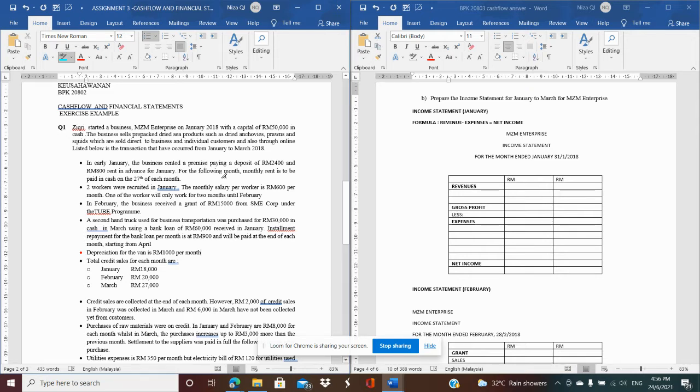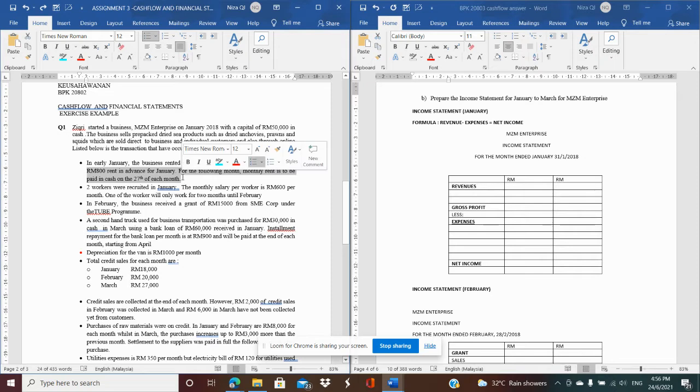So a deposit is not an expense, but the 800 rand is an expense. This 800 rand is paid in advance for January, but the condition says that the rent should be paid in each month, on the 27th.